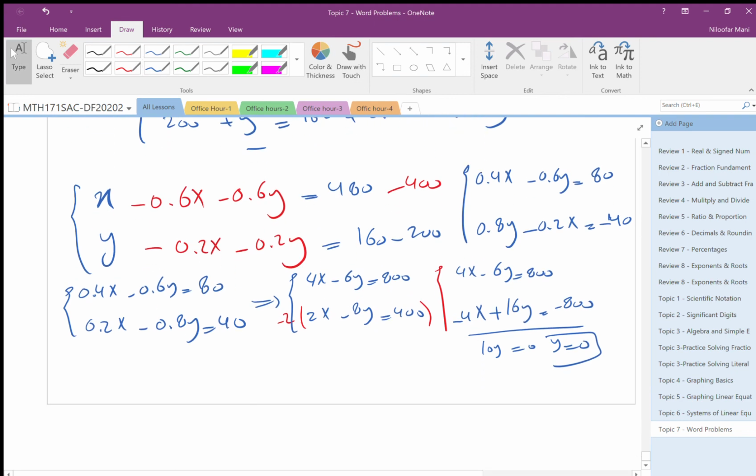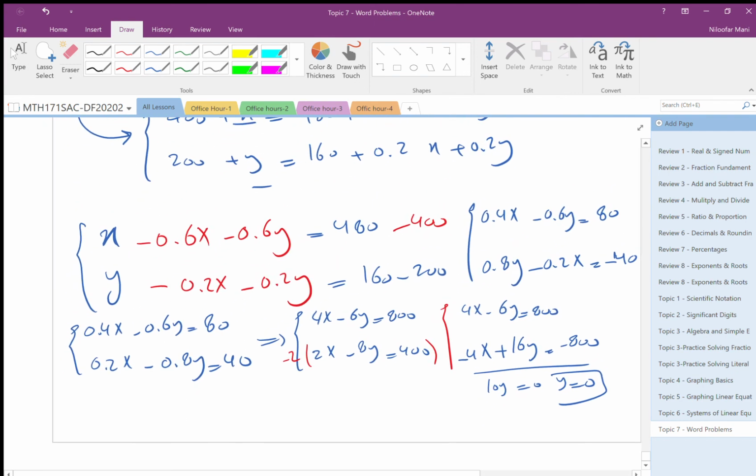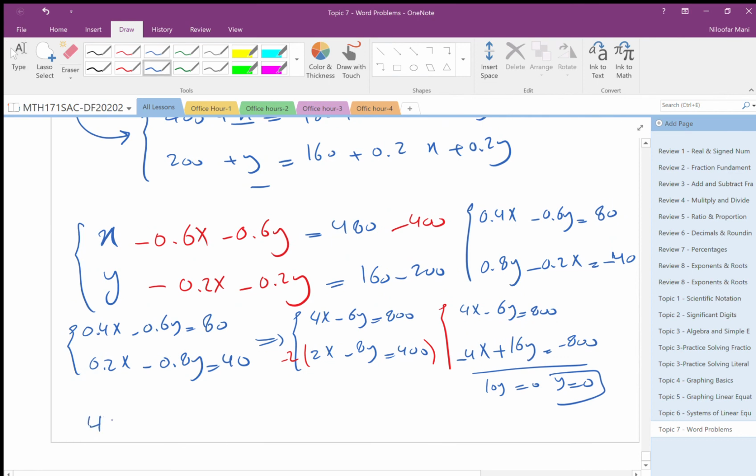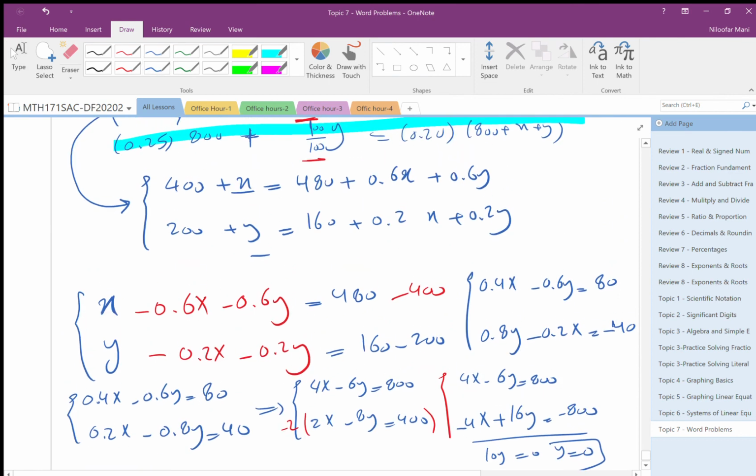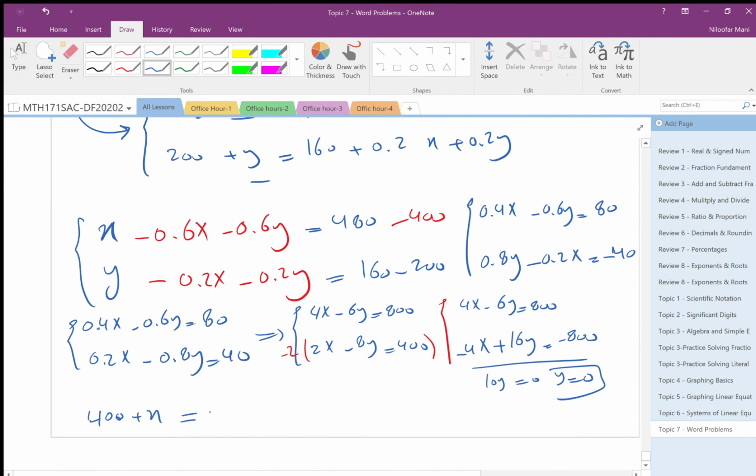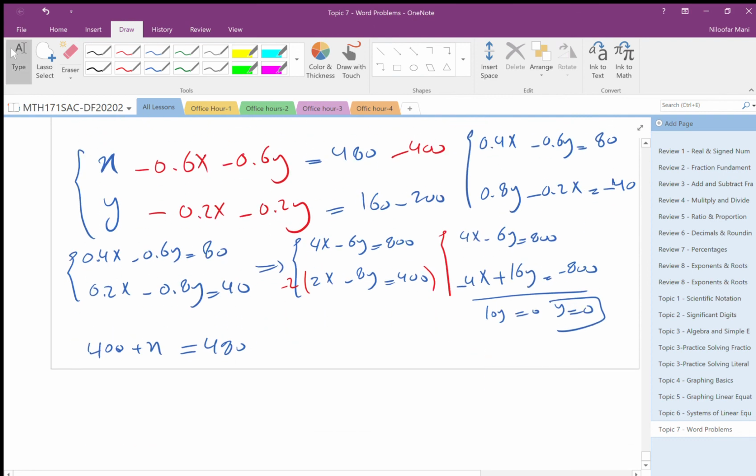Then I find x: 400 plus x equals 480, going from the beginning, 0.6x, and the other one is just 0 plus 0. So 0.4x equals 80, and x is 80 divided by 0.4, which is 200.